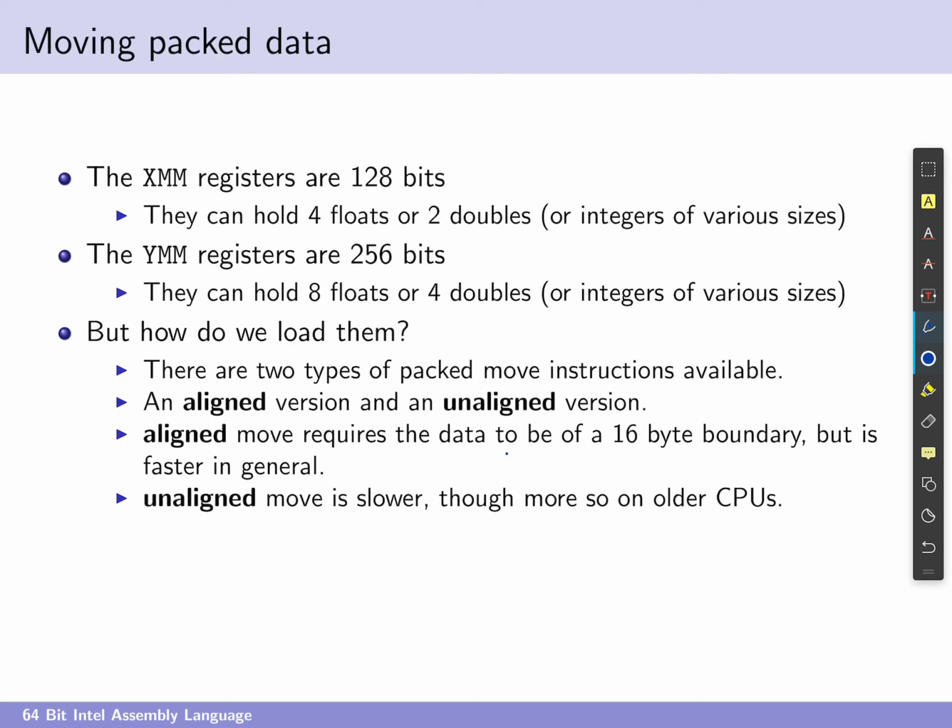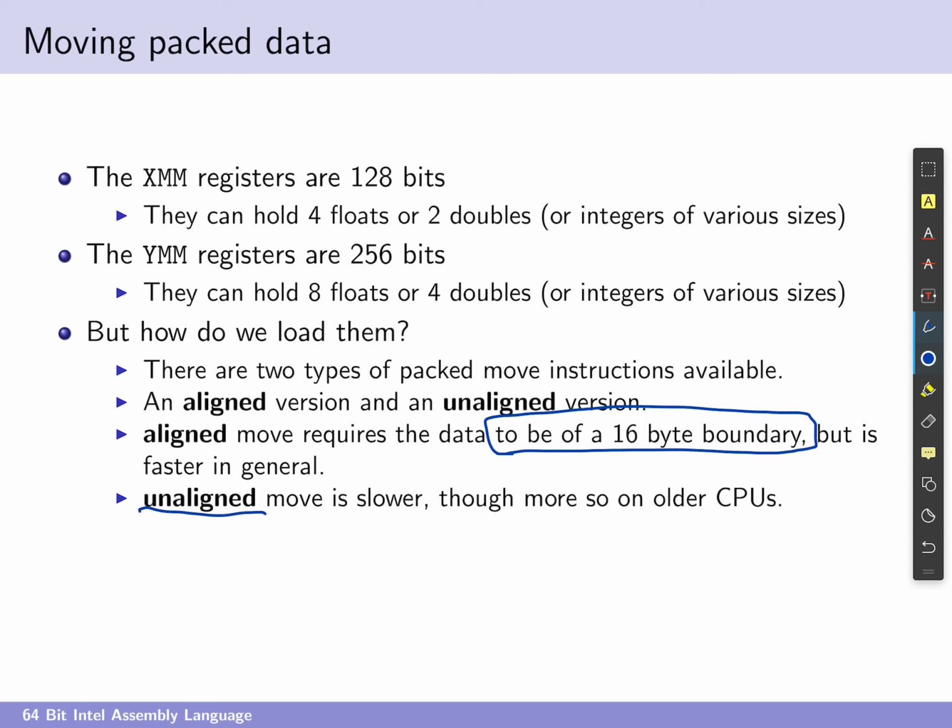An aligned move means that the data we're about to move into, say, a register, or out of a register, is on a 16-byte boundary, so the address is a multiple of 16. If we use an unaligned move, we don't need to worry about having that 16-byte boundary alignment.